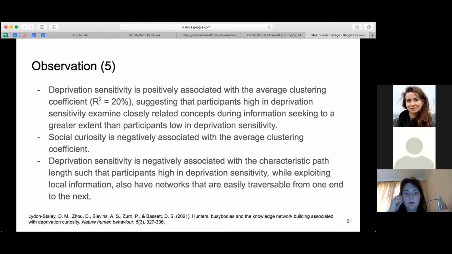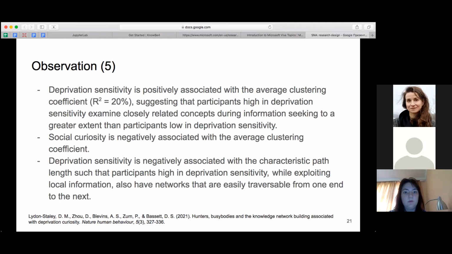They also studied deprivation sensitivity. This is one of the composite measures of curiosity, and they found that it is described by the network features at 20%.